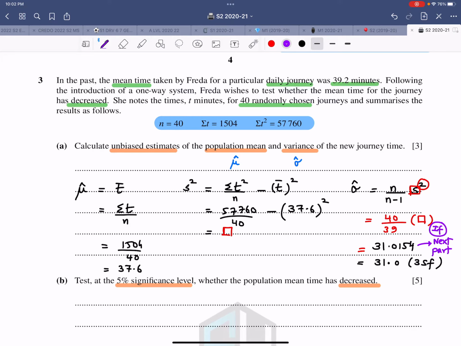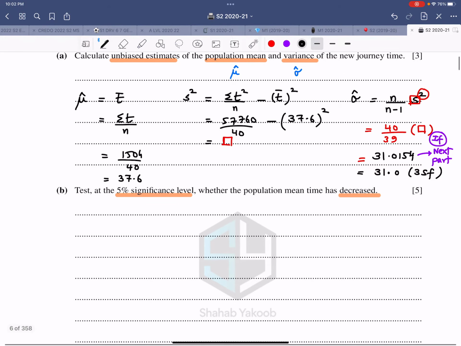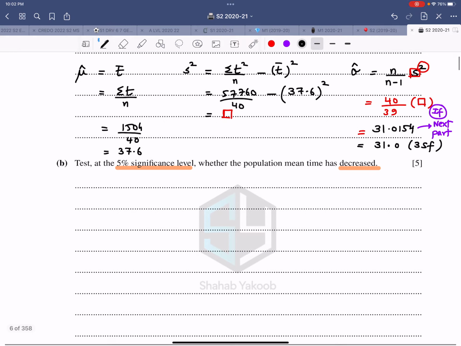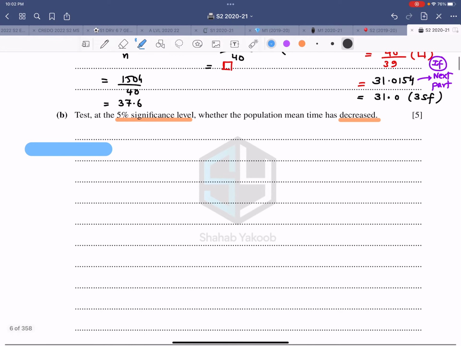Now what does the question further say? The question further says: test at the 5% significance level whether the population mean time has decreased. So now there are some subheadings that I personally like to draw. First of all, I will describe what the distribution is.